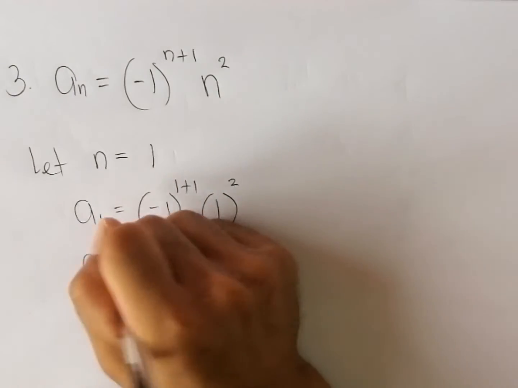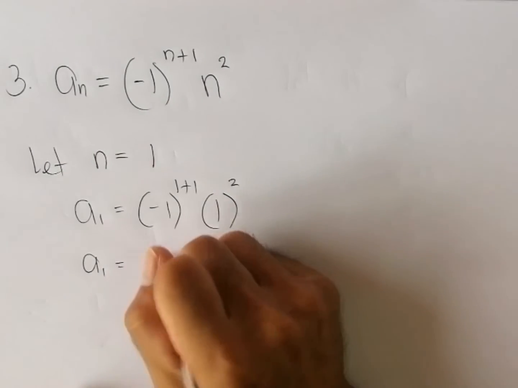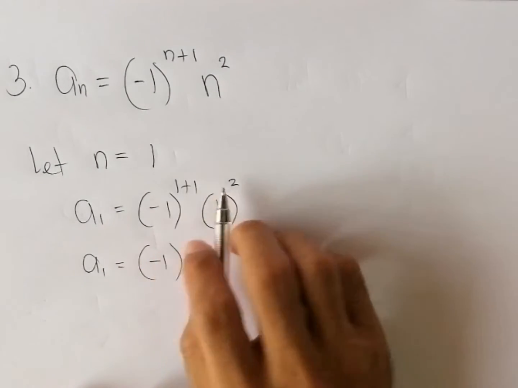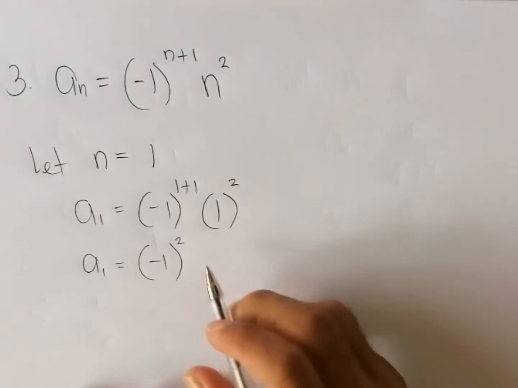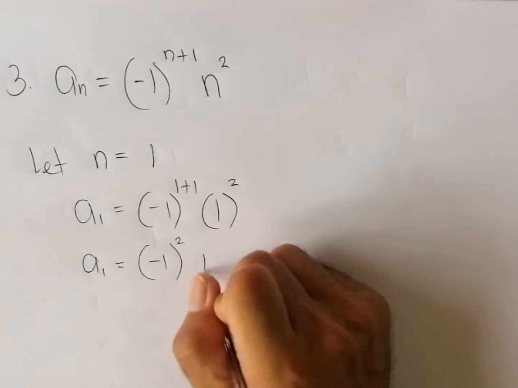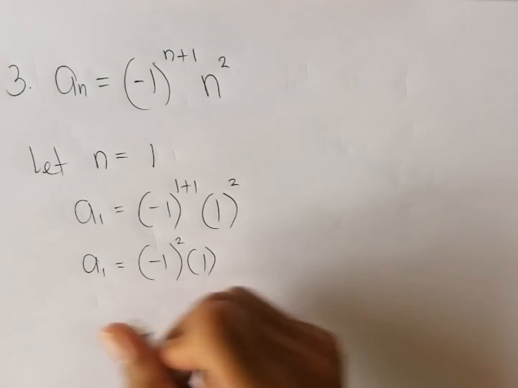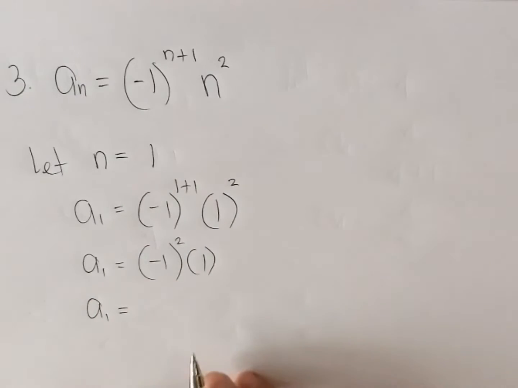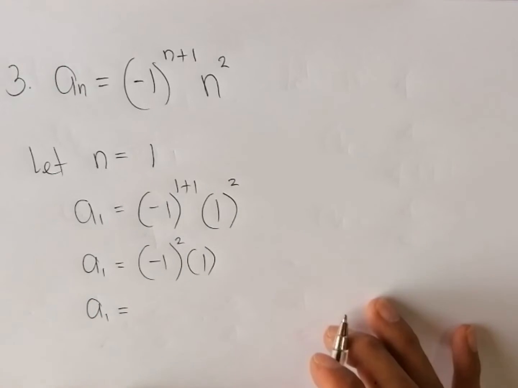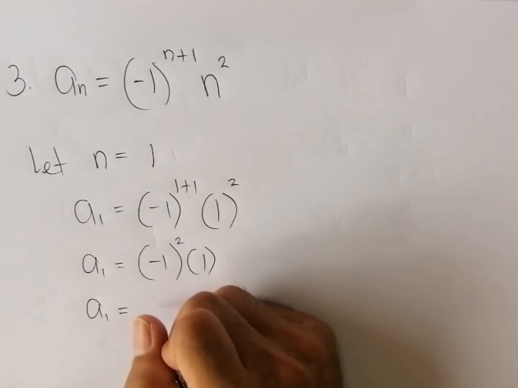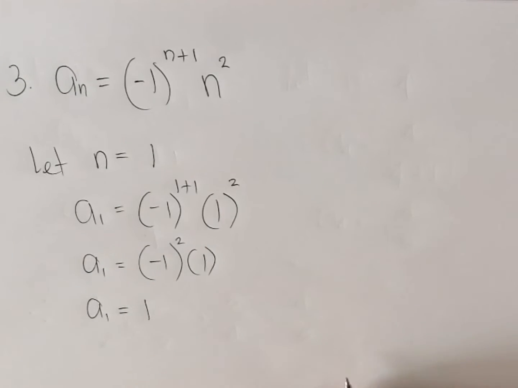So 1 plus 1, that is 2. Then 1 squared is equal to 1. Then a sub 1 is equal to, the square of -1 is +1. So +1 times 1, that is also equal to 1.